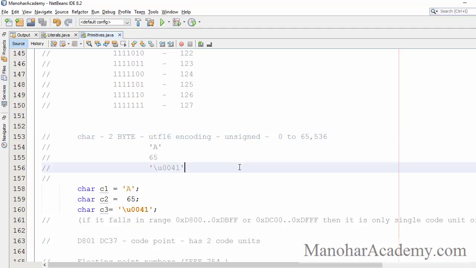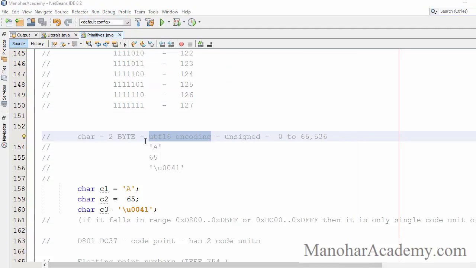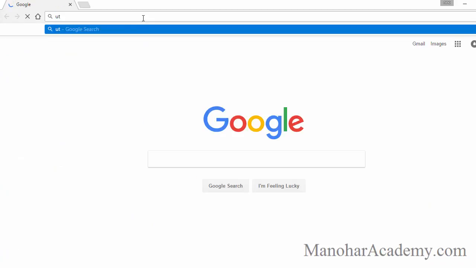So what happens is UTF-16 encoding uses variable length encoding. What do I mean by that? Let's go to Google, our friend, and search for UTF-16 encoding.